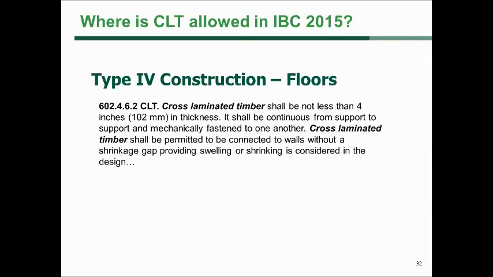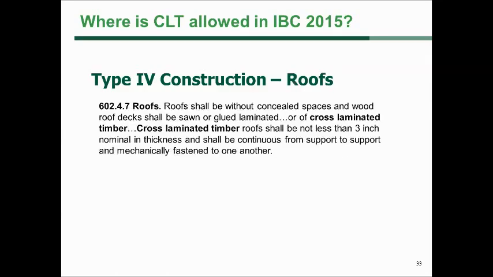It also can be used for floors, provided it's a nominal minimum thickness of not less than 4 inches, and it also can be used in roofs where we have a minimum thickness of 3 inches in that application. This is similar to other wood such as glue-laminated timber, where there are minimum thickness requirements in heavy timber construction.